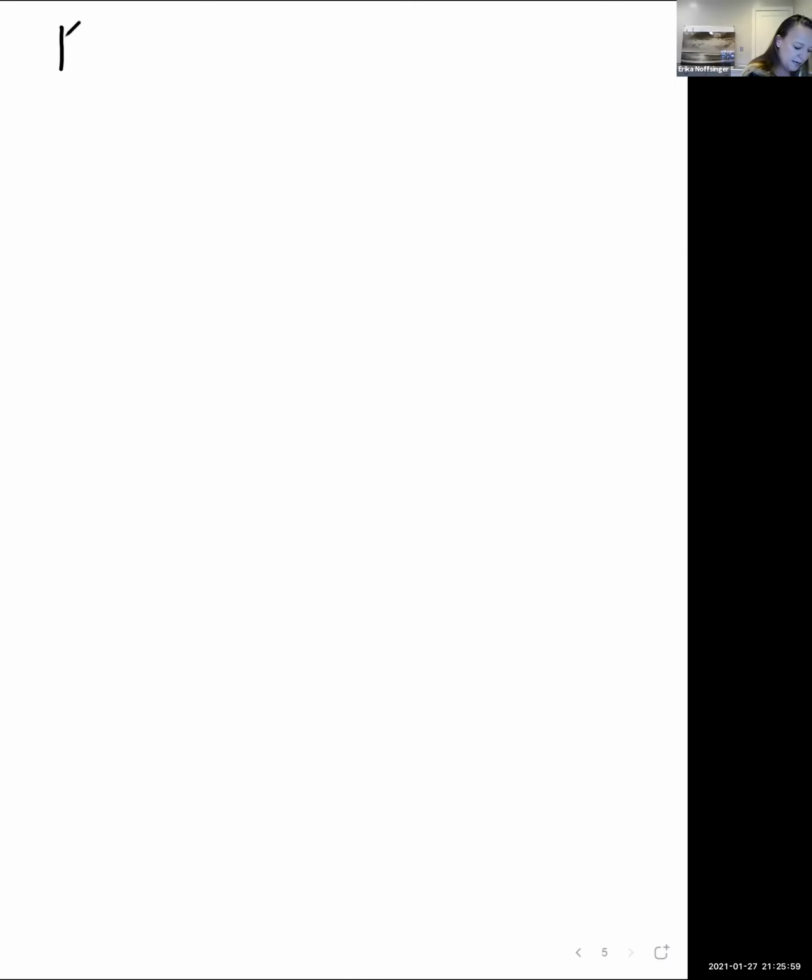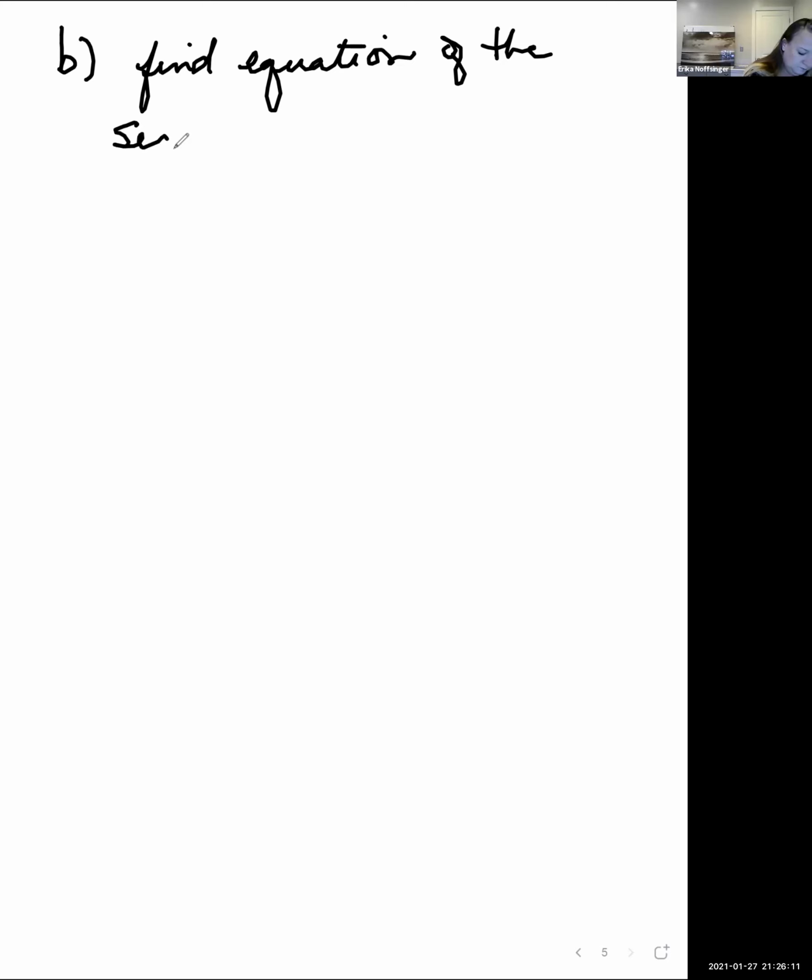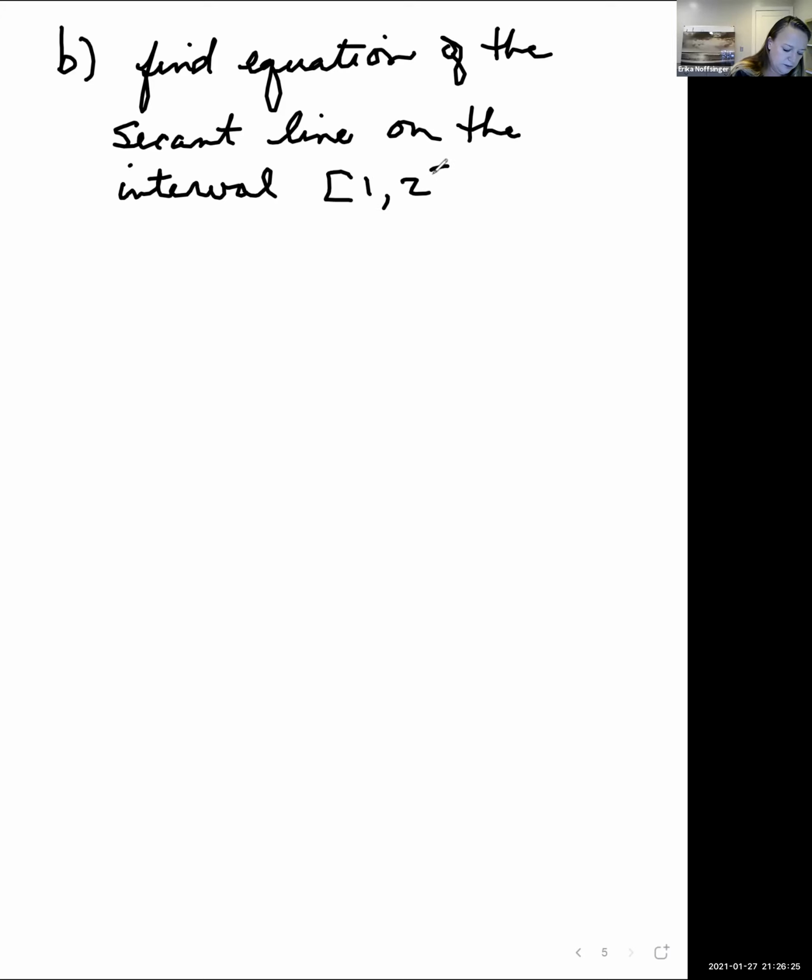So part B, let's find the equation of the secant line on the interval 1, 2. So we had found the slope was 5.